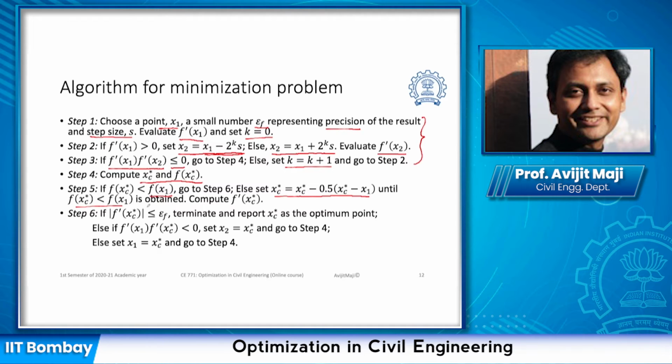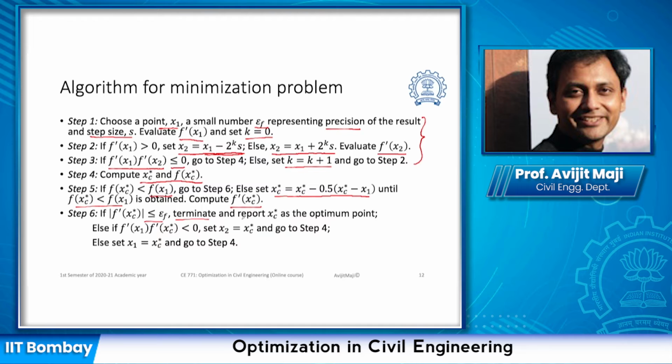Once this is obtained, we need to find out the slope at this new point. If we find the slope is less than the precision we want to achieve, then we can terminate right there.